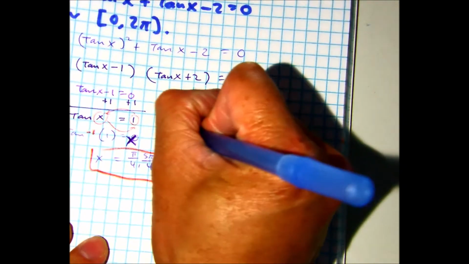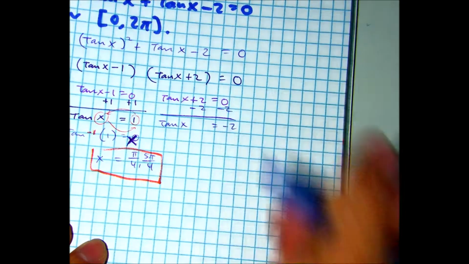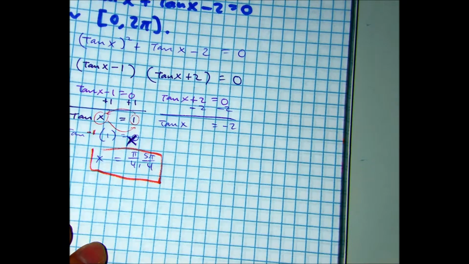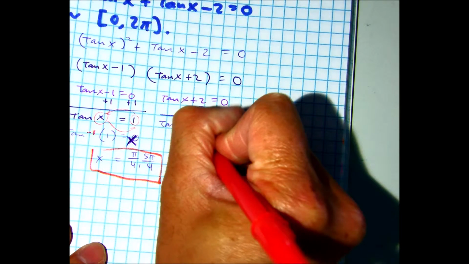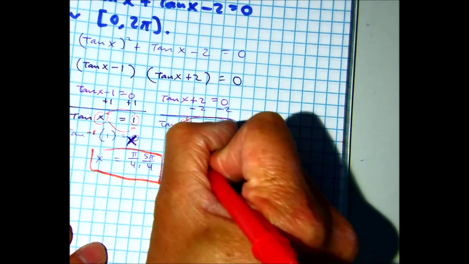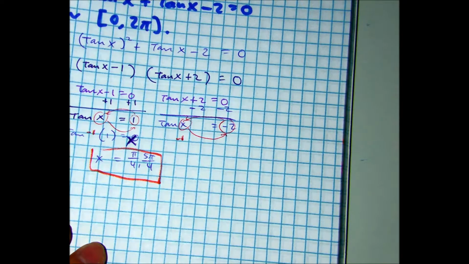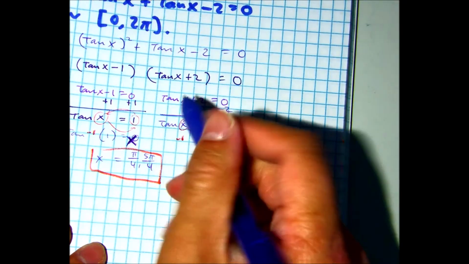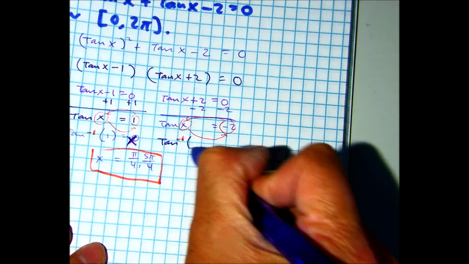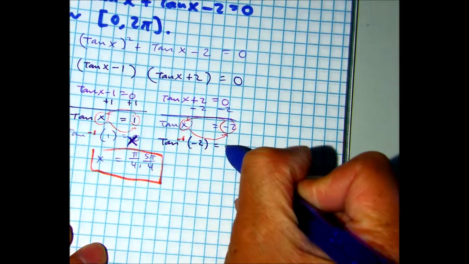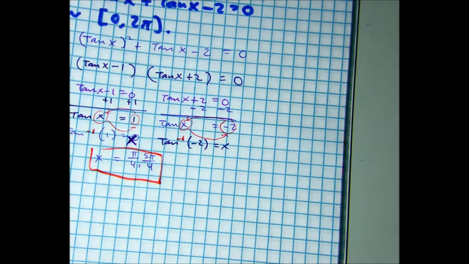Tangent x equals negative 2. How do you solve for x? We're going to take the inverse, which means to switch them. Tell me what's right next. Inverse tangent of negative 2 equals x. Okay.